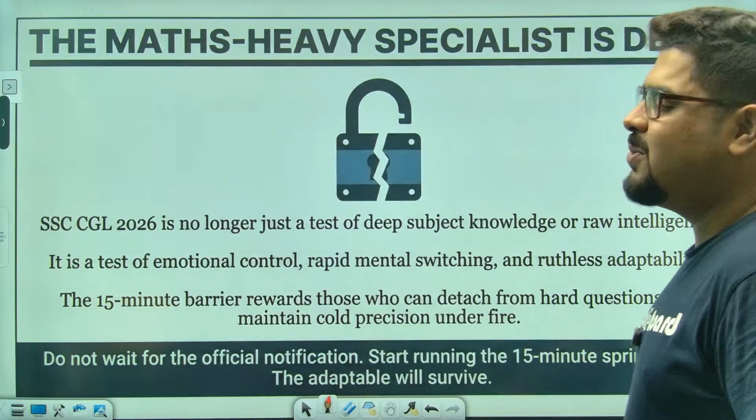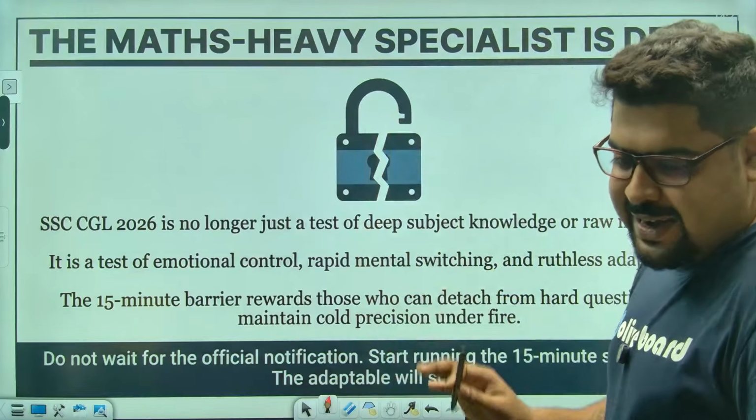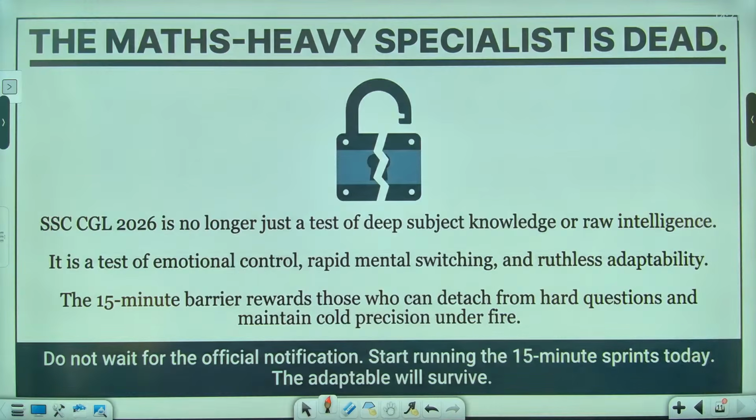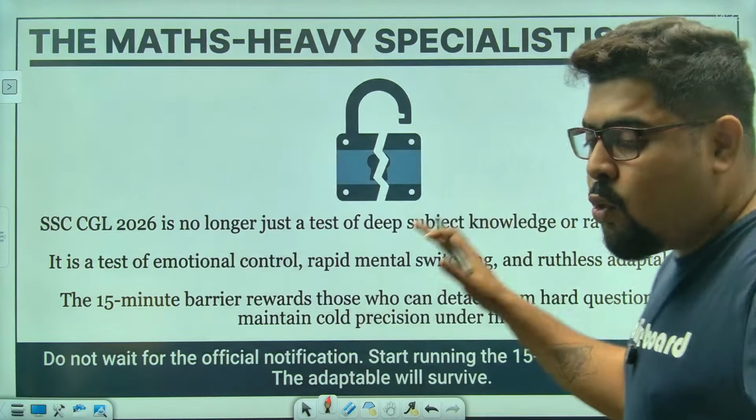Right? Now, the final. Please read this line. I'll read it later. This is exactly my message to all of you. The SSC CGL 2026 is no longer just a test of deep subject knowledge or raw intelligence. Right? It's a test of emotional control.